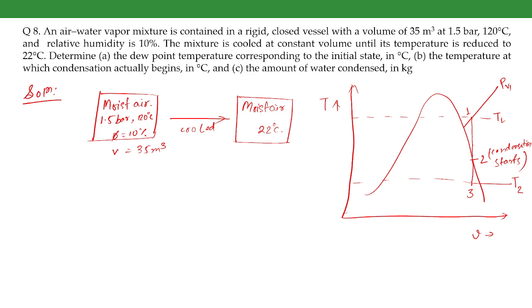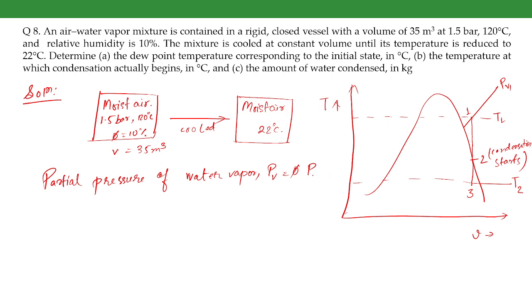The dew point is basically the saturation temperature corresponding to the partial pressure. So we first have to determine the partial pressure. Now the partial pressure of water vapor, PV, is phi multiplied by P total.